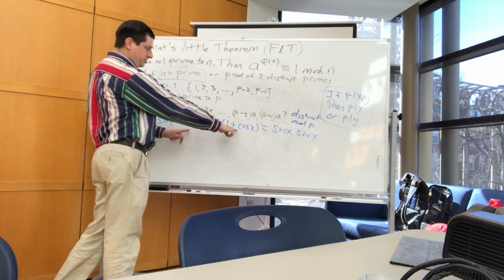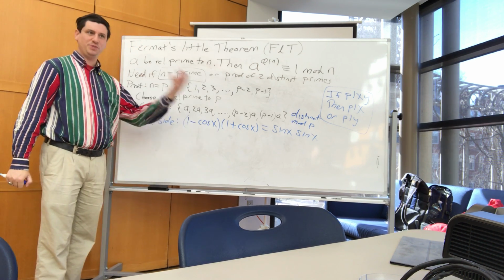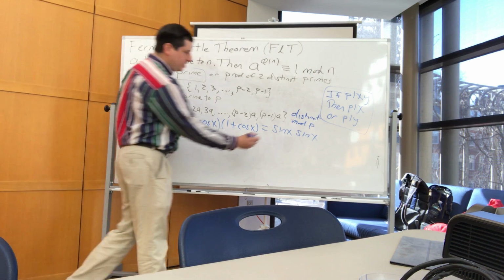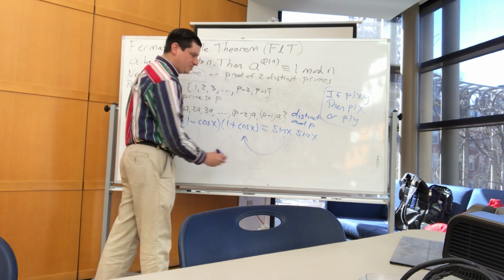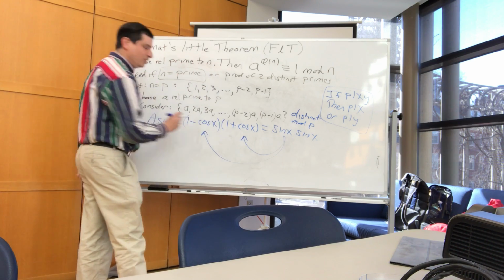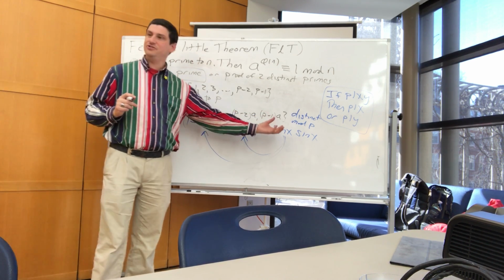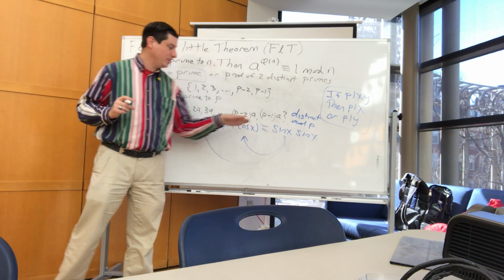Because this is going to be 1 minus cosine squared. Cosine squared plus sine squared is 1, so 1 minus cosine squared is sine squared. So sine of x should either divide 1 plus cosine of x, or no, it doesn't. So this is an example where I can have a factorization, but terms on the right do not have to divide.